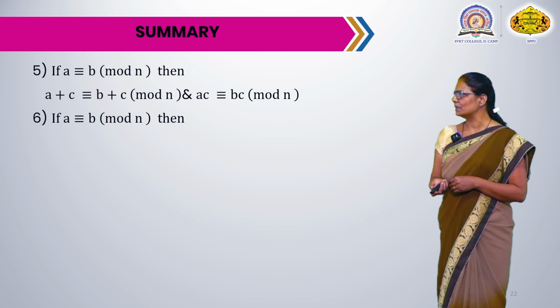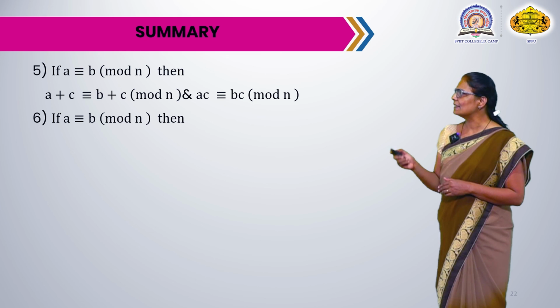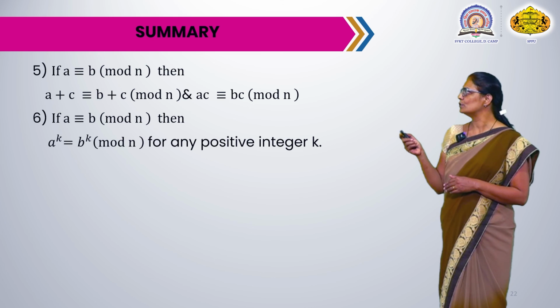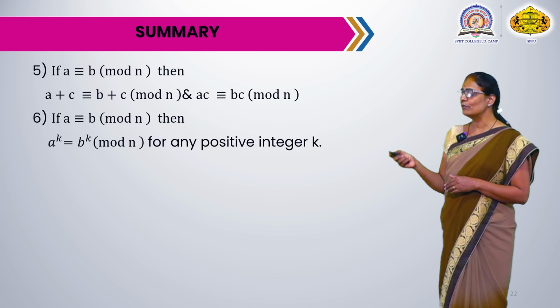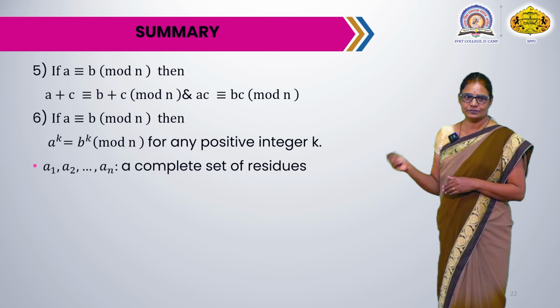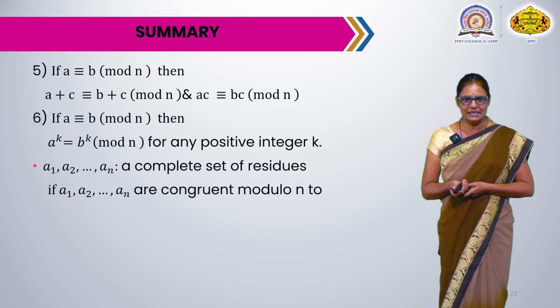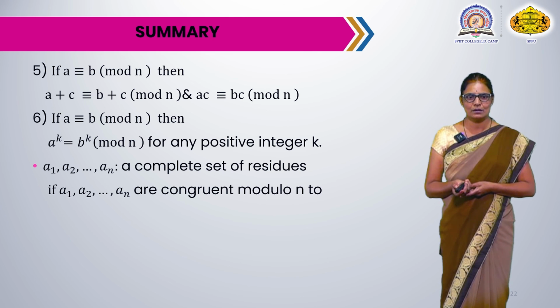And the last property of congruence is, if A is congruent to B modulo n, then A raised to k is congruent to B raised to k modulo n for any positive integer k. Also, we studied the concept of a complete set of residues.